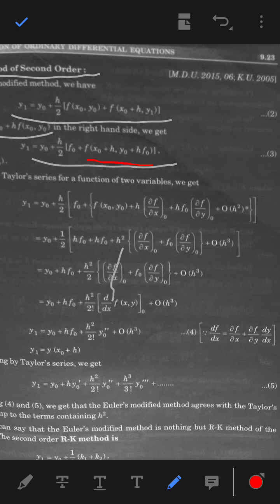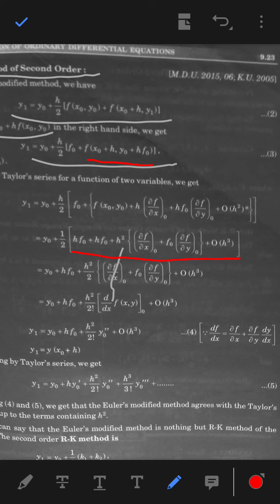So after simplification, we see that the terms under the bracket become h into f0 plus h square, and again in brackets curly f by curly x plus f0 into curly f by curly y, and other higher order terms.